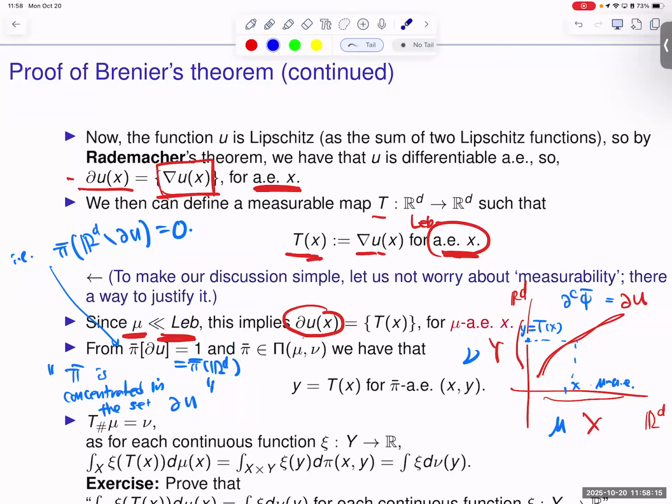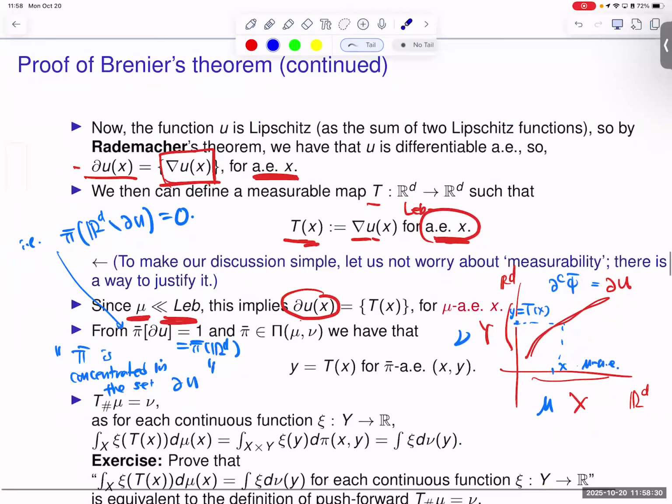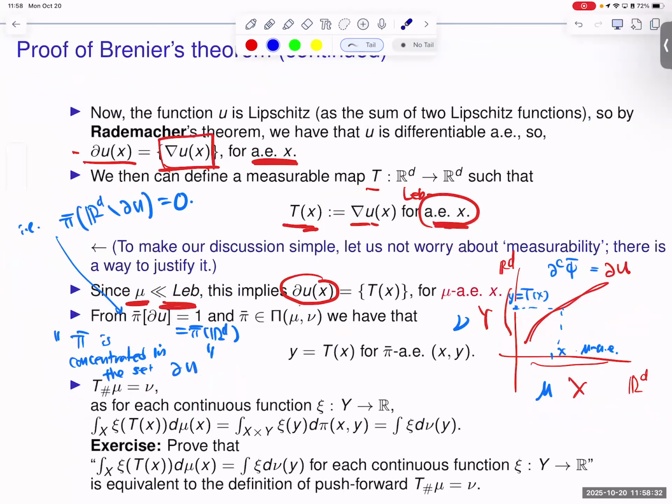It means such a relation for mu almost every x is actually the same relation for pi almost every x and y. So let me give you just a few moments to understand this.